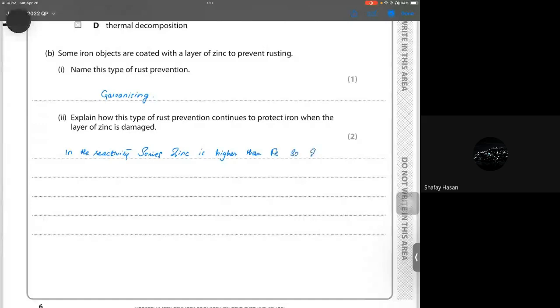So zinc is more reactive. So zinc reacts or corrodes instead of iron.